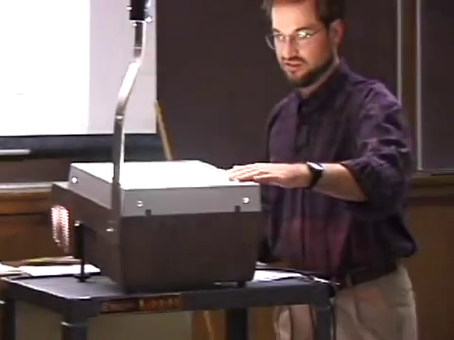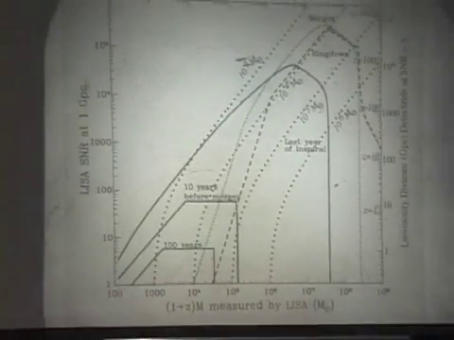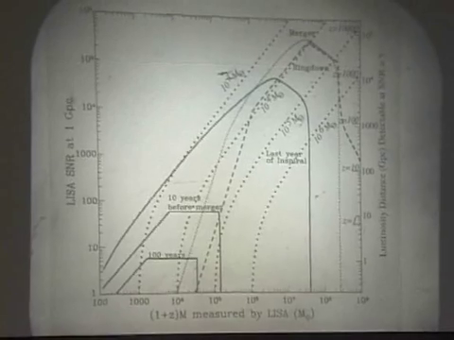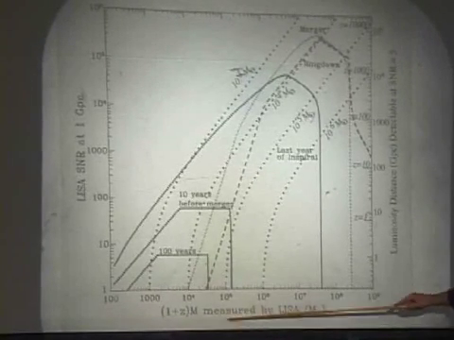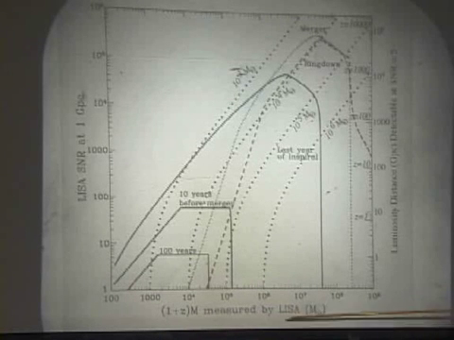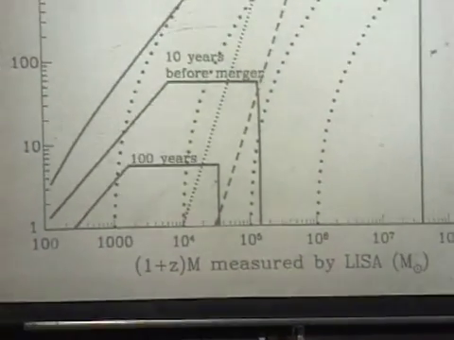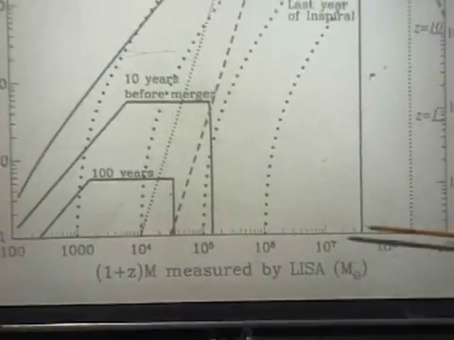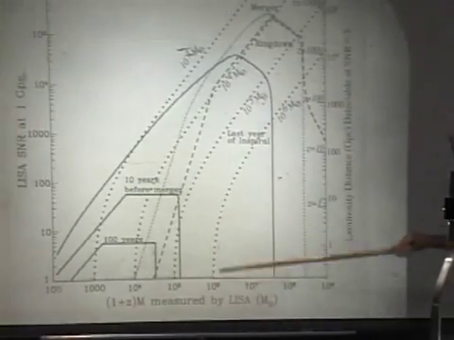And just not to leave out LISA, let me put up this graph. Again, this is similar to the other two. One difference, other than it being busier, is that this axis, instead of just being the total mass, is actually the total mass times 1 plus z, because with LISA you really have to worry about cosmological effects. So a vertical line on this is m times 1 plus z.